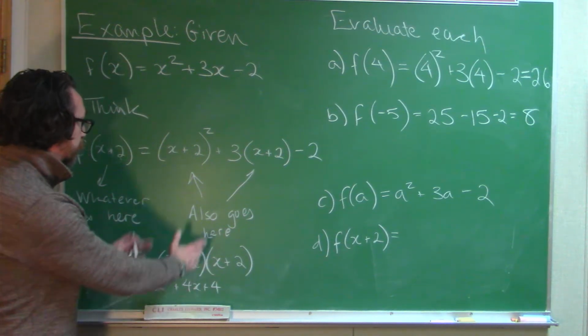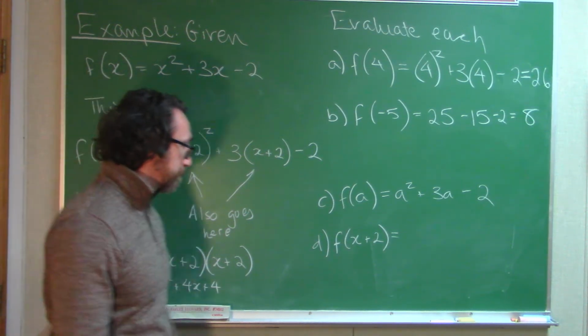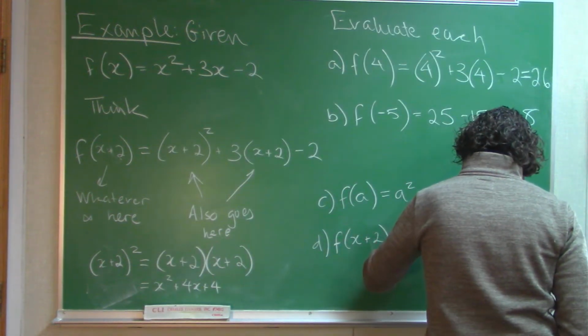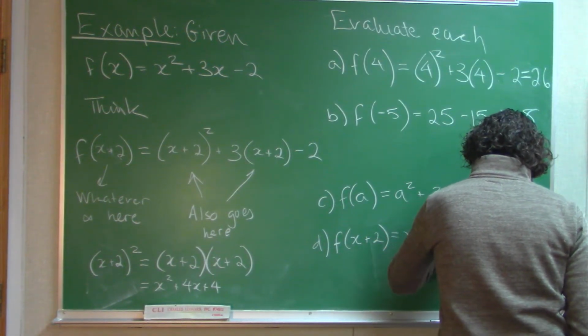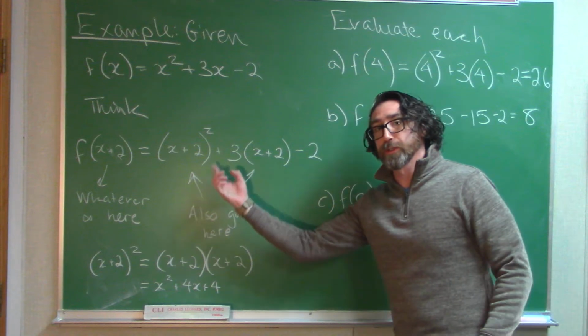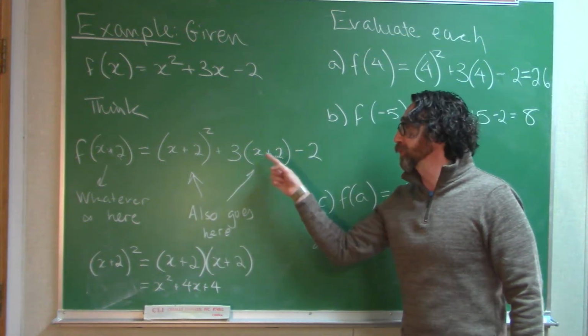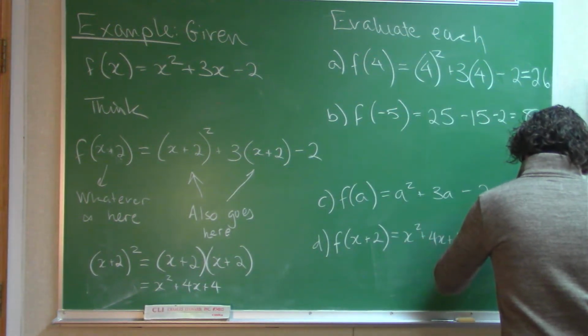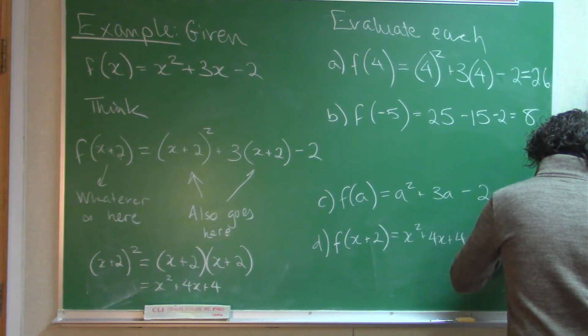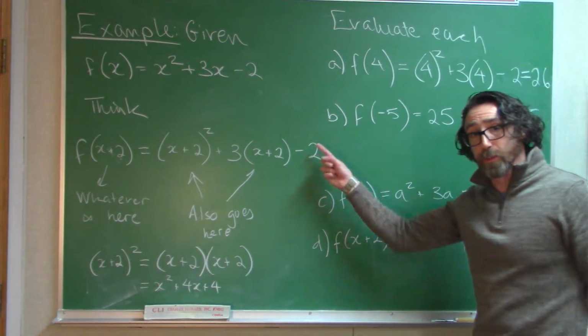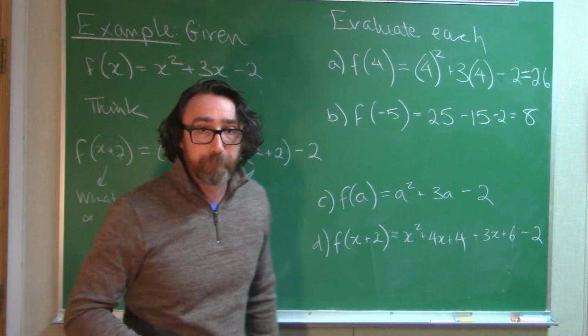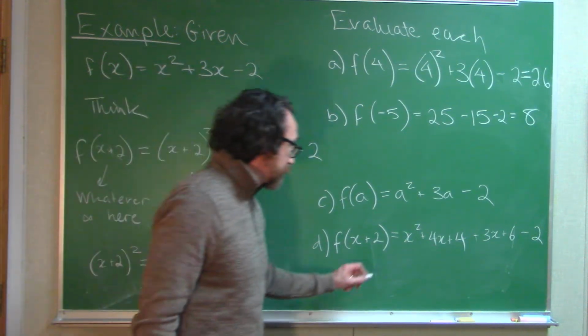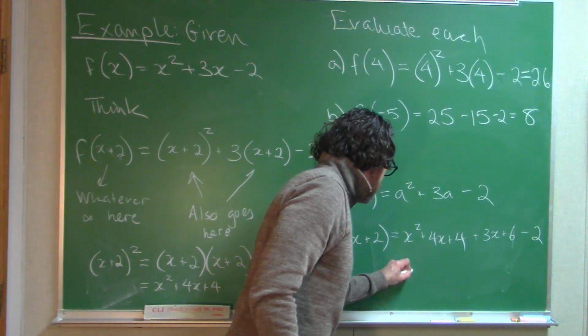Okay, so that's what this becomes. X squared plus 4x plus 4. Over here, we've got to distribute the 3 to each part. 3x plus 6, and then finally the minus 2 at the end. All right? Now we can do some combining of like terms.